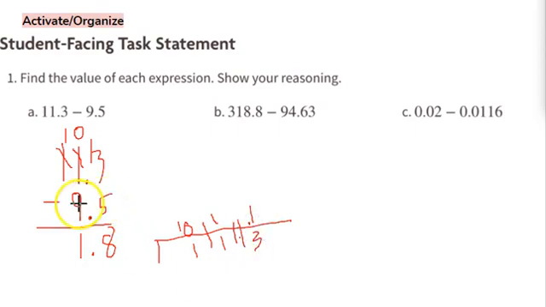Three here, then you knew you had to take 5 out of here, so you had to go ahead and take a group out of there, making that 0, making that 13, and then taking 5 out of there, leaving you with 8, and then coming in near the 1s, taking the 1 group out of there, making 10 here, and getting rid of 9 of those and leaving 1 left.